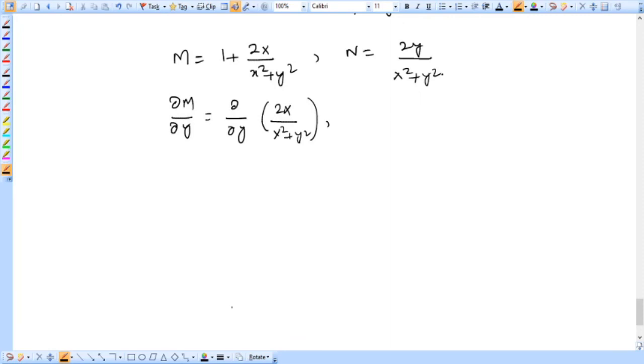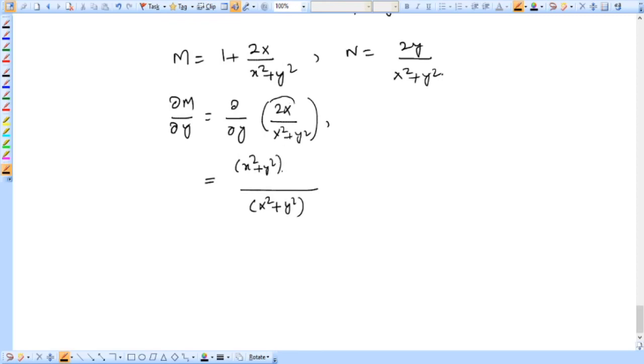So it would become squaring the denominator, because it is involving y, denominator same.